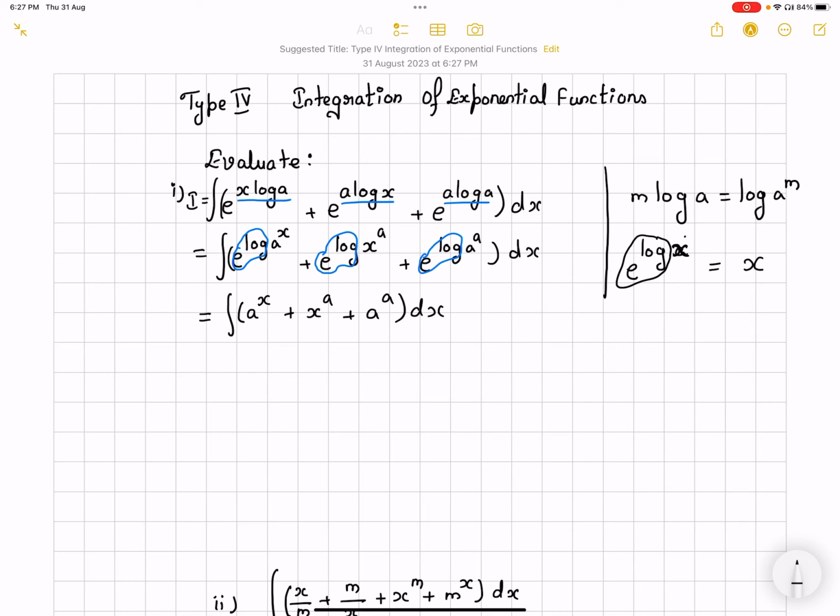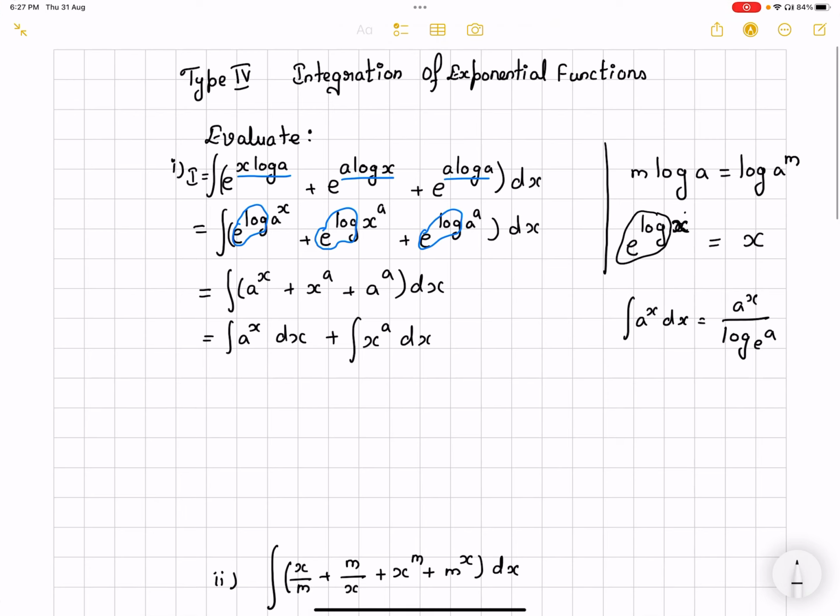Now I would be proceeding with my integration. Here it is going to be integral a power x dx. We have an integration formula for that: whenever we have integral a power x dx, it's going to be a power x divided by log base e of a. Plus integral x to the power a dx. Instead of n, I have a this time, that's the only change. Plus a to the power a is a constant, and then we have dx.